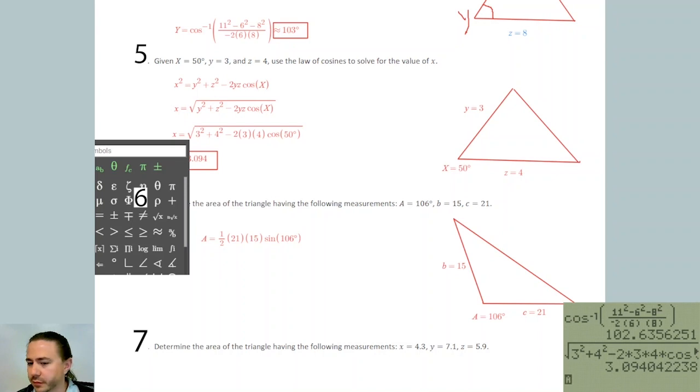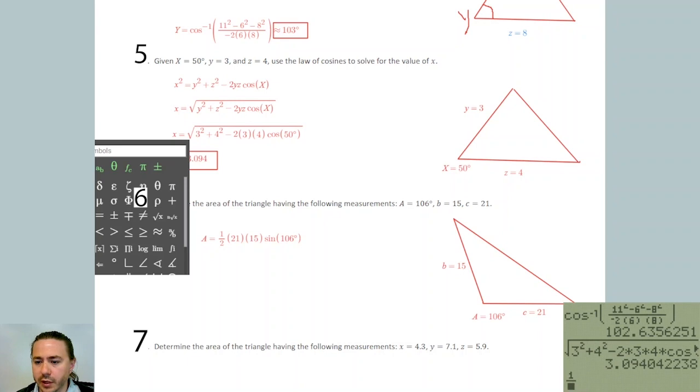So we got 1/2 times 21. Oh, oops. Let's get out of that fraction. There we go. All right, so times 21 times 15 times the sine of 106.